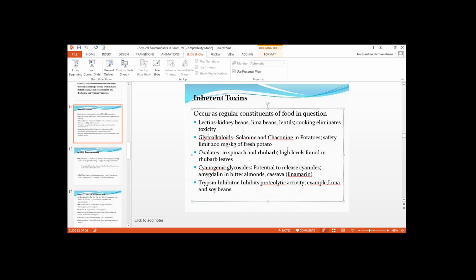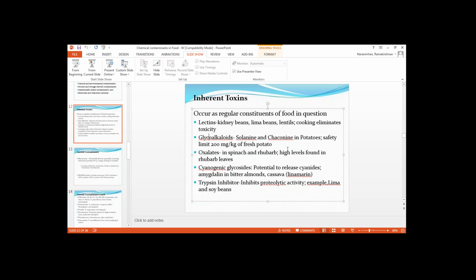Again, the increase in levels of these glycoalkaloids occurs because of a number of factors, including stress factors such as pest and disease damage, drought, extreme temperature variations, etc. This is prior to harvesting, and even post-harvesting.